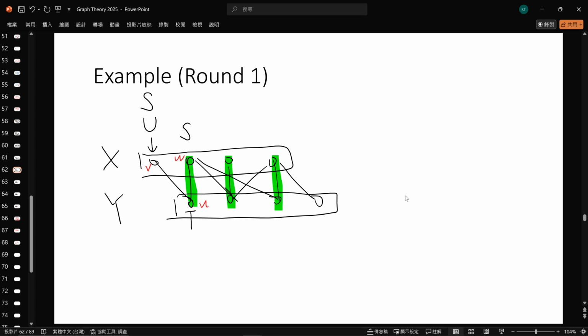The reason that we go up is that this one is saturated, which means this vertex must be incident to some edge in the matching. After we go up, we can add a new vertex to the set S. In every round, we just repeat this process: find a vertex in S, go down using edges not in the matching, and go up.